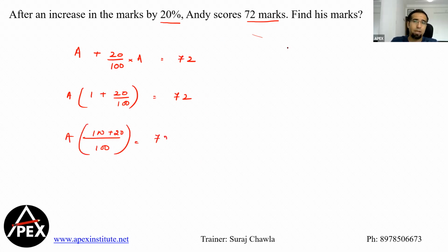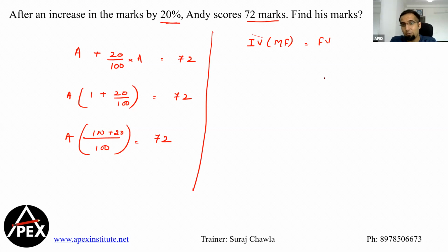Now let's apply the multiplying factor. I know that initial value into multiplying factor is equal to final value. Now what is final value? Final value are the marks after percentage increase. Okay. Now if you observe this question, after an increase of 20%, Andy scored 72.